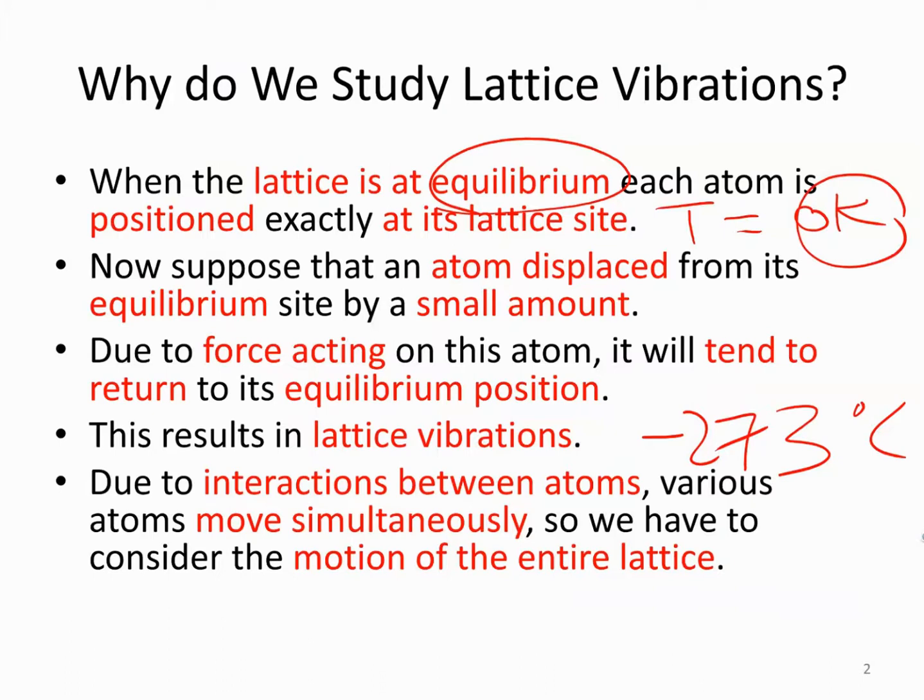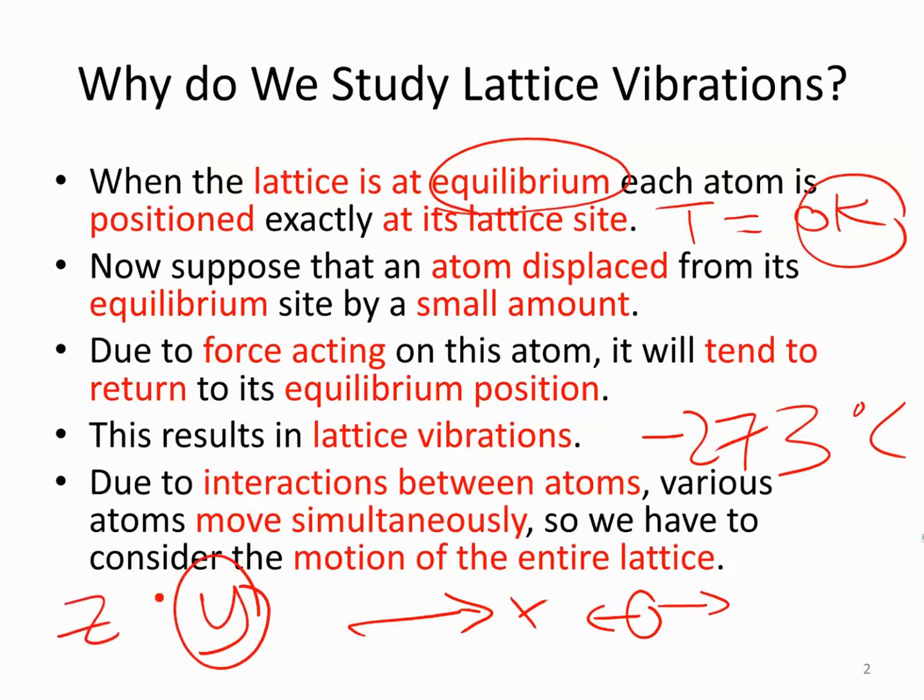Okay, so when the atom is vibrating, it can vibrate in 3 dimensions. So either vibrating in the X direction, that means left and right, left and right, and then the Y direction, up and down, and the Z direction, in and out. It will vibrate in 3 dimensions, and it will vibrate in 3 directions simultaneously.